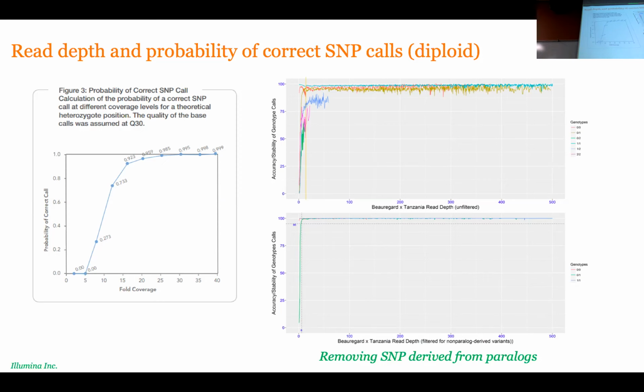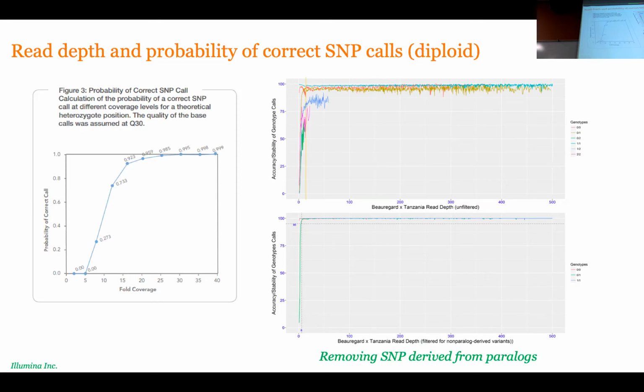So without filtering your data, you need close to 20x coverage to capture a heterozygote accurately in a diploid. So we went back in and said, whatever has a very bad accuracy, we're going to filter it out. Once you filter it out and redo the same thing, you realize you only need about 6x coverage to capture a heterozygote. And at that point, it's clean.